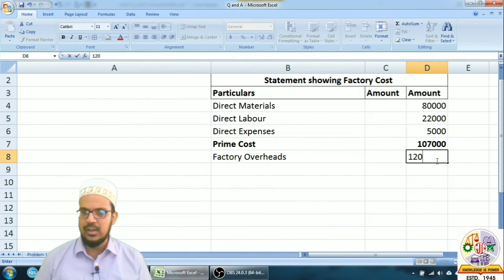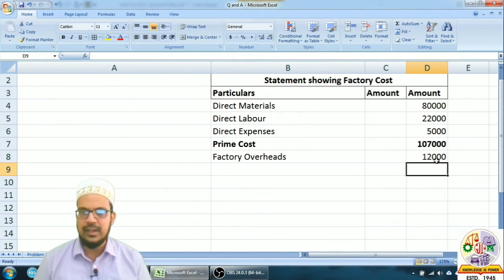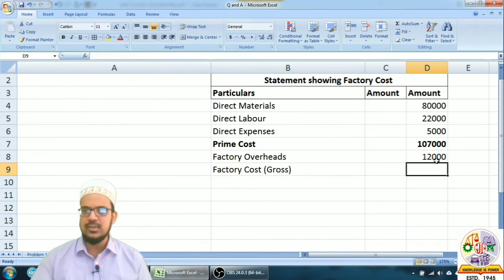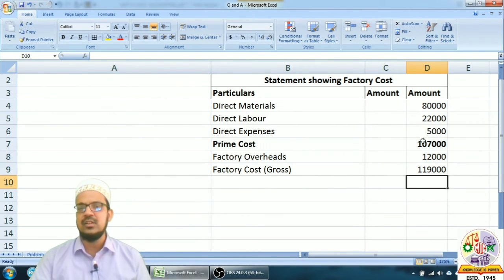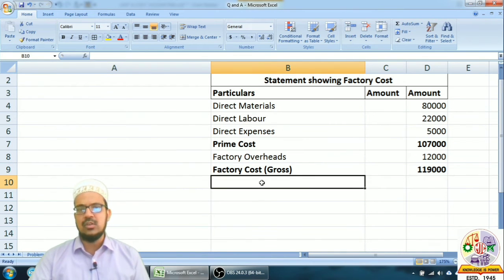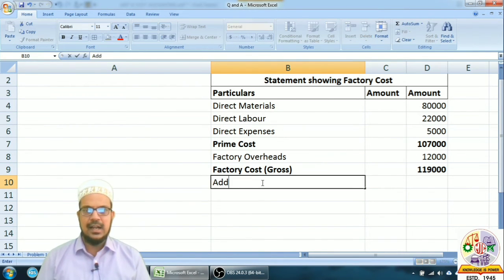So I will add 12,000 rupees for factory overheads, and we will get factory cost, but this is not the final factory cost. So I will write it factory cost gross. Gross factory cost is 1,07,000 plus 12,000, 1,19,000.